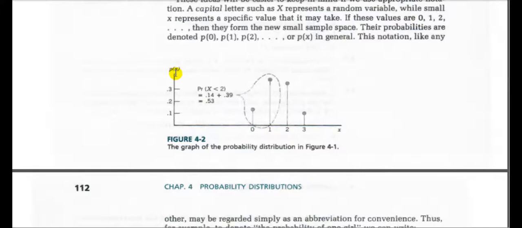The probability of 1 girl was up here, the probability of 2 girls was here, and the probability of 3 girls is here. So the probability that x is less than 2 means the probability that x is 1 or 0, which means this one plus this one, which is 0.53.